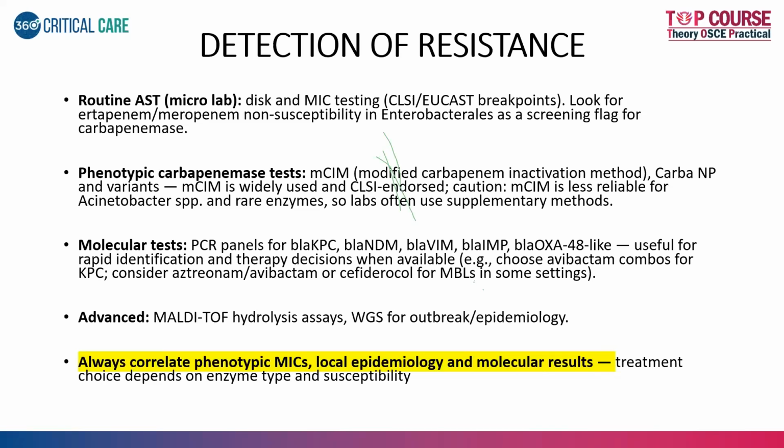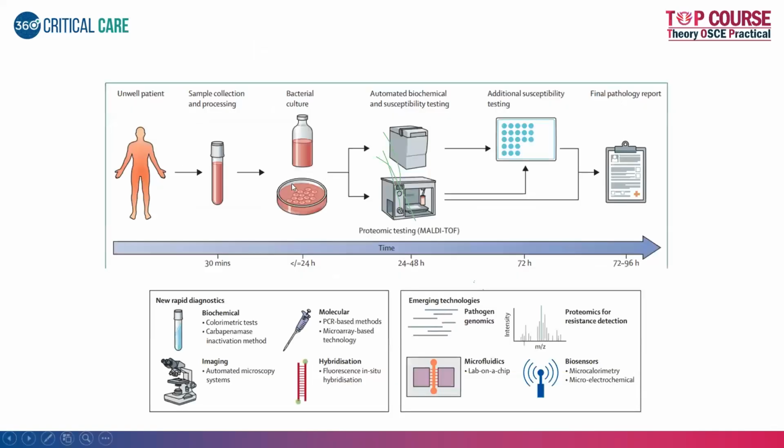First you have to do your routine testing. If at all your lab has a proteomic MALDI-TOF, it is good enough. You do that, then find out whether there is a resistance pattern which is present. Then you send in for molecular testing, and based on the molecular testing you can narrow down what the resistance pattern is, and then you can choose your treatment regimen.